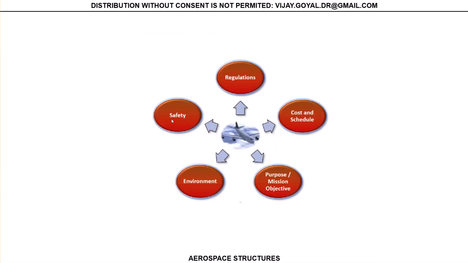You have to make sure safety is met, the environment is safe, that you're meeting the purpose and mission of the airplane, and then cost and schedule, obviously. In a broader sense, all these have to be met for an airplane to be designed.